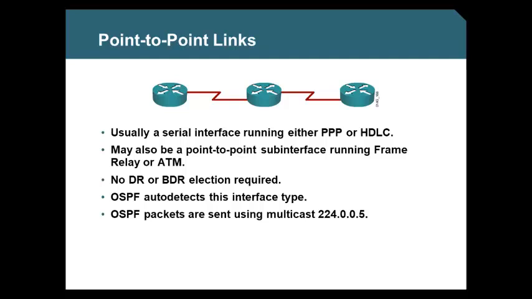in point to point, there won't be DR and BDR. I repeat, in point to point, no DR, no BDR. Why? Because it is just point to point, just two members.